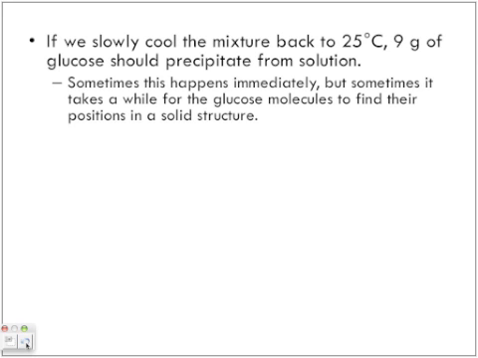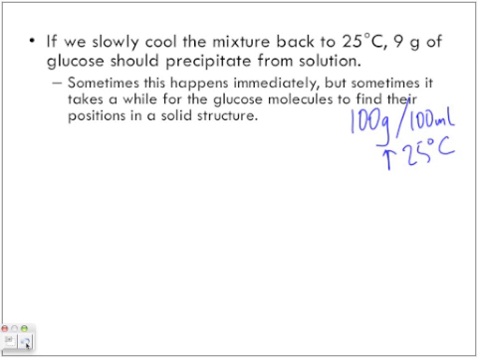If we slowly cool the mixture back to 25 degrees Celsius, 9 grams of glucose should precipitate from solution. Sometimes this happens immediately, but sometimes it takes a while for the glucose molecules to find their positions in a solid structure. So what we have here is, we tried to dissolve 100 grams in the 100 milliliters, but we had to raise the temperature above 25 degrees Celsius.